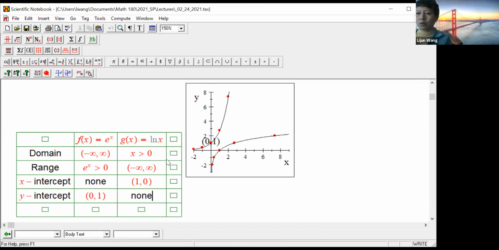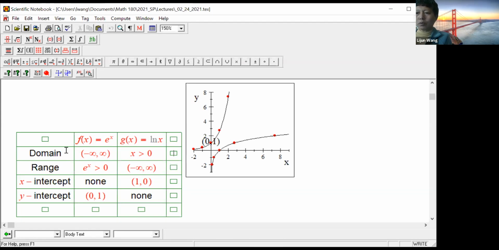Okay, so can we describe the domain in one sentence for e to the power x? This sentence is absolutely essential because I want that to be in your mind. I want you to understand this and be able to speak it. It's very powerful for a lot of things.